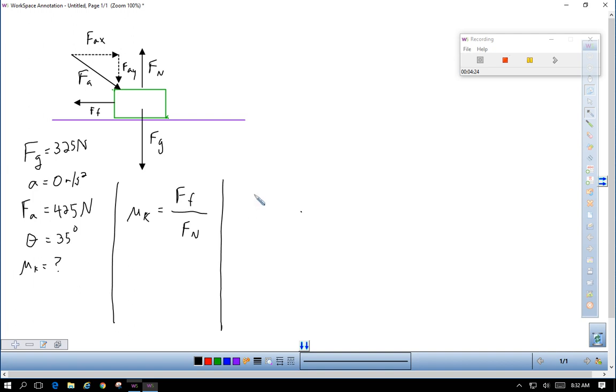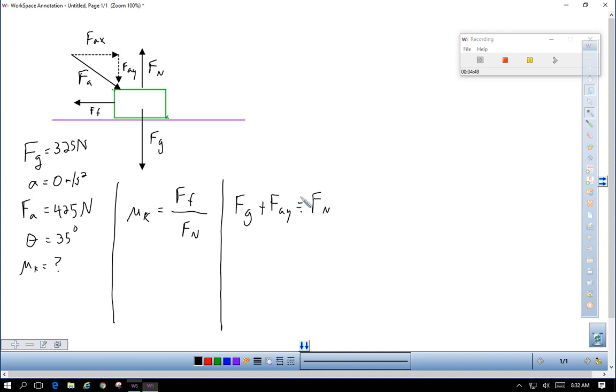Let's do the y dimension first, and that means that our downward forces, Fg, and here's the tricky part. Since this is pushing downwards, Fay is also acting downwards. So Fg plus Fay together will equal Fn.